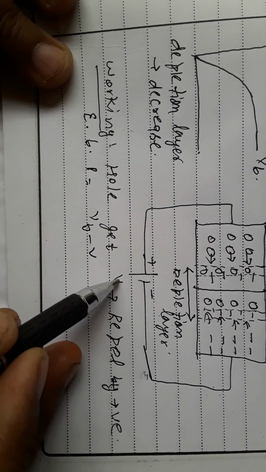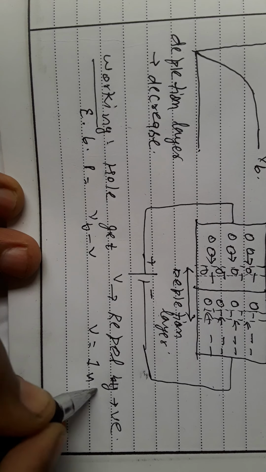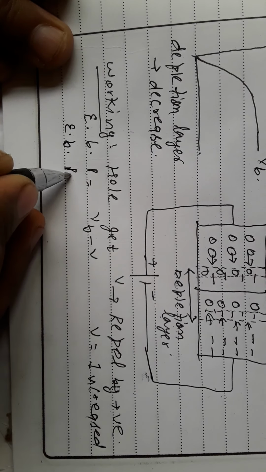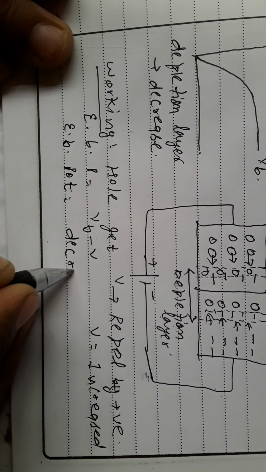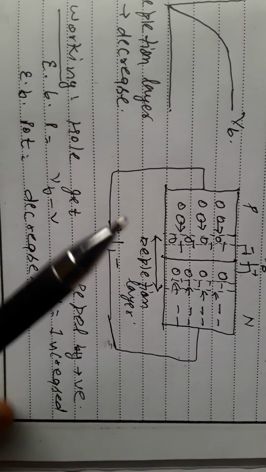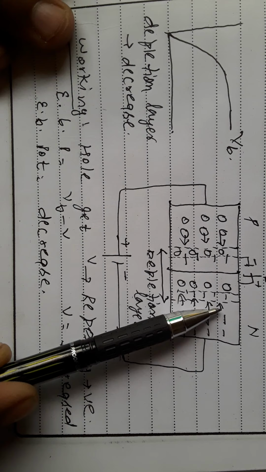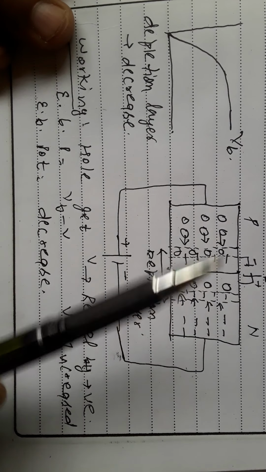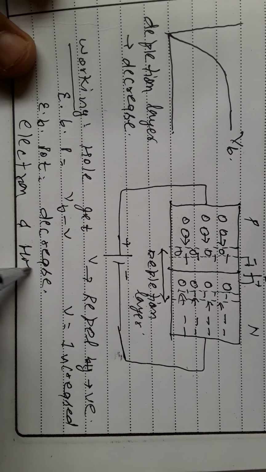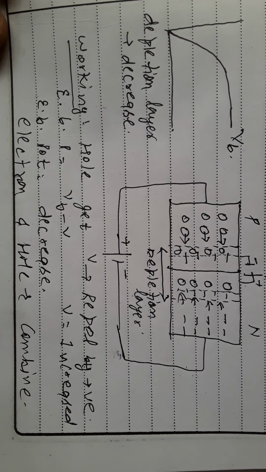This is the external potential V. Now, if the external potential is increased, then the effective barrier potential decreases. Therefore, the majority charge carriers, holes, enter into the N side, and electrons from the N side enter into the P side. So electrons and holes combine.